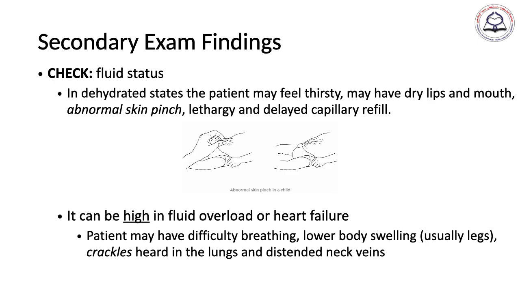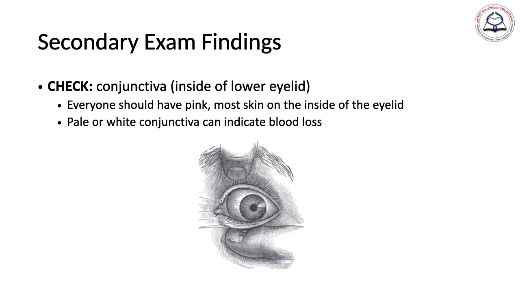Those with fluid overload manifest with bilateral limb edema, distended neck veins, and crackles inside the lungs. Look for anemia. People usually have pink inside of the eyelid. Those with anemia have pale conjunctiva, which can signify blood loss or chronic anemia.